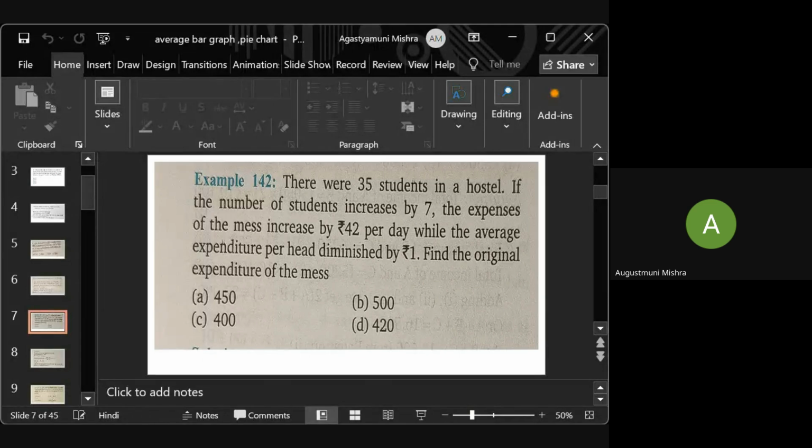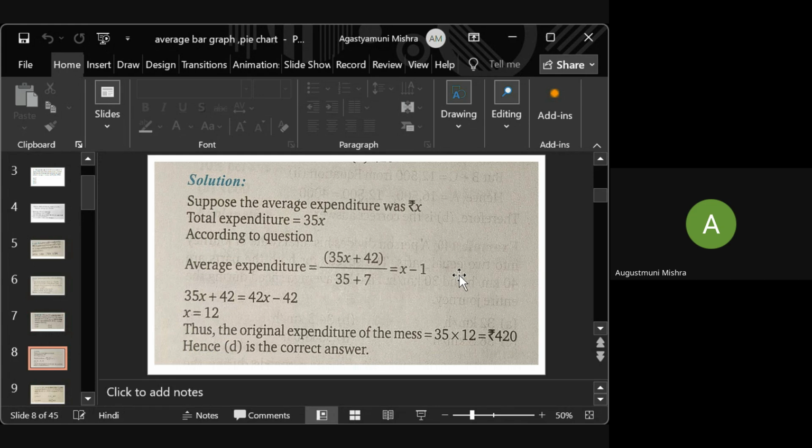Okay, I'm changing the slide. The correct answer is D. We can go through the solution. And this was the last question of today's session. Tomorrow we'll continue with histograms, pie charts, table questions, line charts questions and all. That is also one of the big parts of the UGC NET exam.